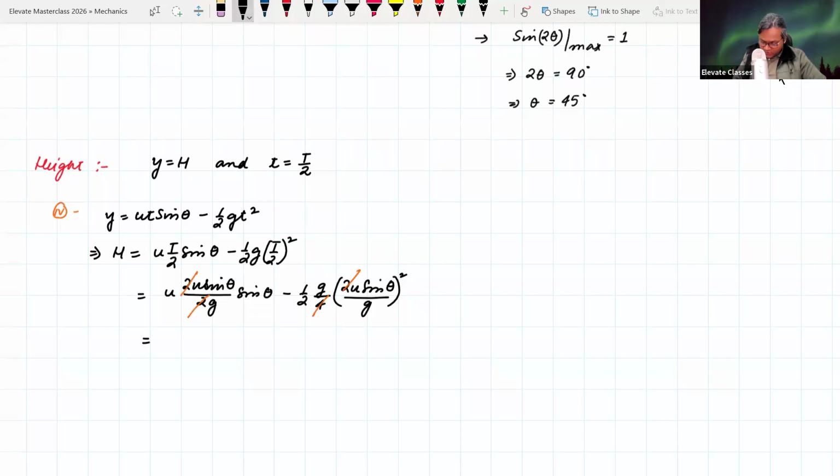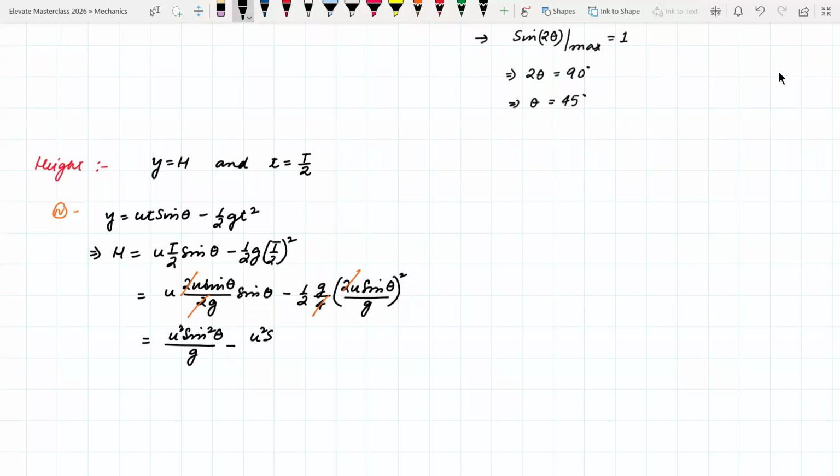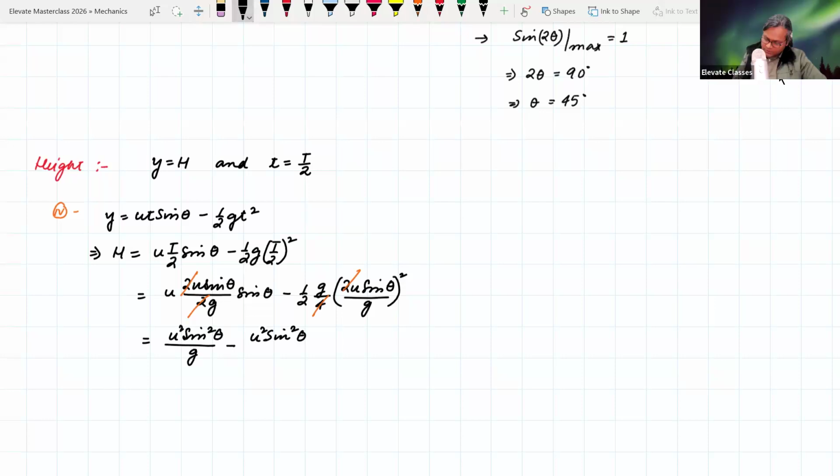So this becomes u square sin square theta upon g minus half of u square sin square theta upon 2g. So this is equal to u square sin square theta upon 2g.